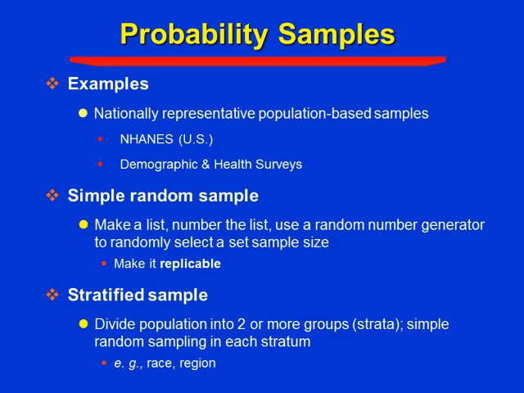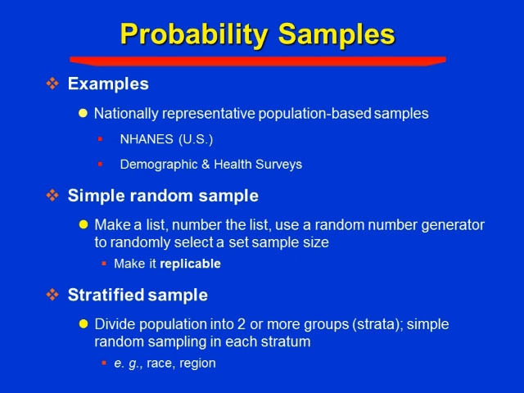In the United States, we have the NHANES study, the National Health and Nutrition Examination Survey, which is a population-based sample of the entire U.S. population. And in many other settings, the demographic and health surveys that each country conducts are the same type of thing. It's a nationally representative population-based sample of everyone in the country.